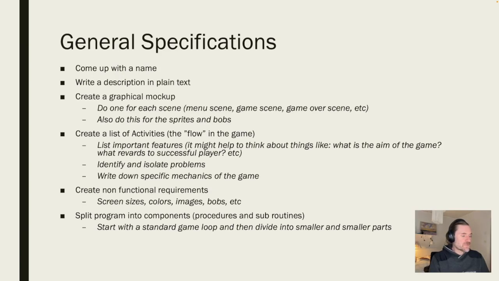And then you're pretty much done with the basic specifications that you need. Of course, you can go back and iterate through those from time to time, but I think it's mostly interesting before you have actually started to do the coding.